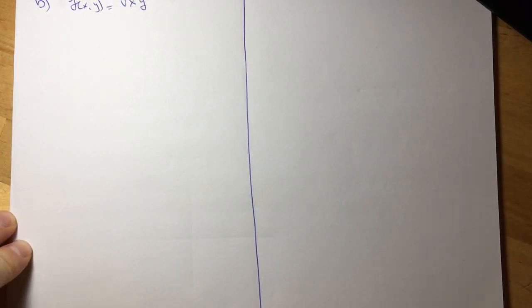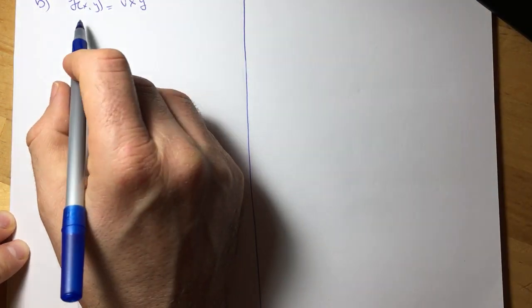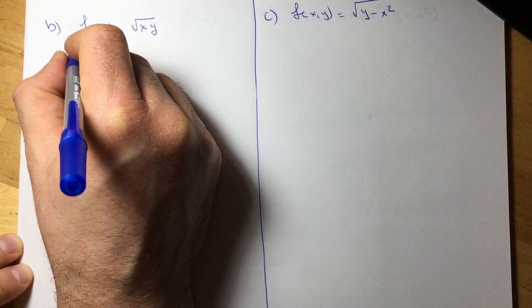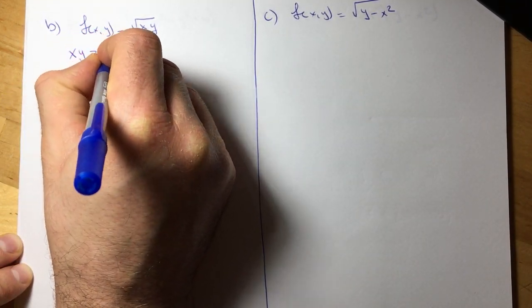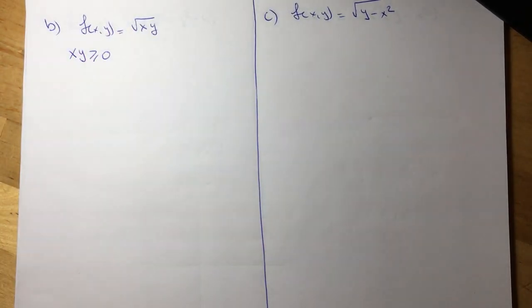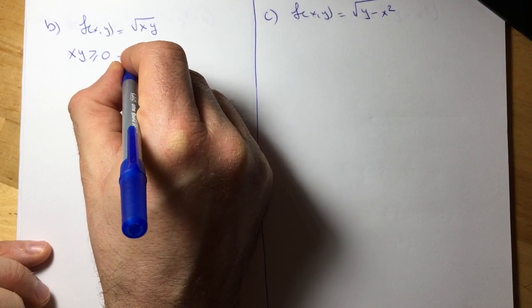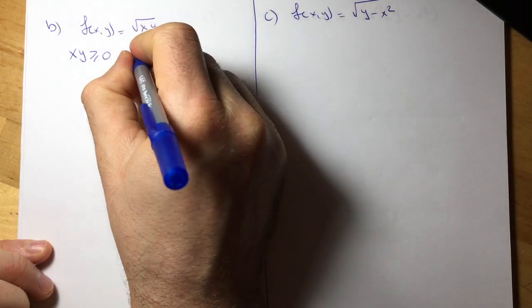Square root of x times y, okay? So again, what is the domain of this function? The domain of this function are all the numbers x, y that satisfy this inequality. Okay, so when would this be satisfied?